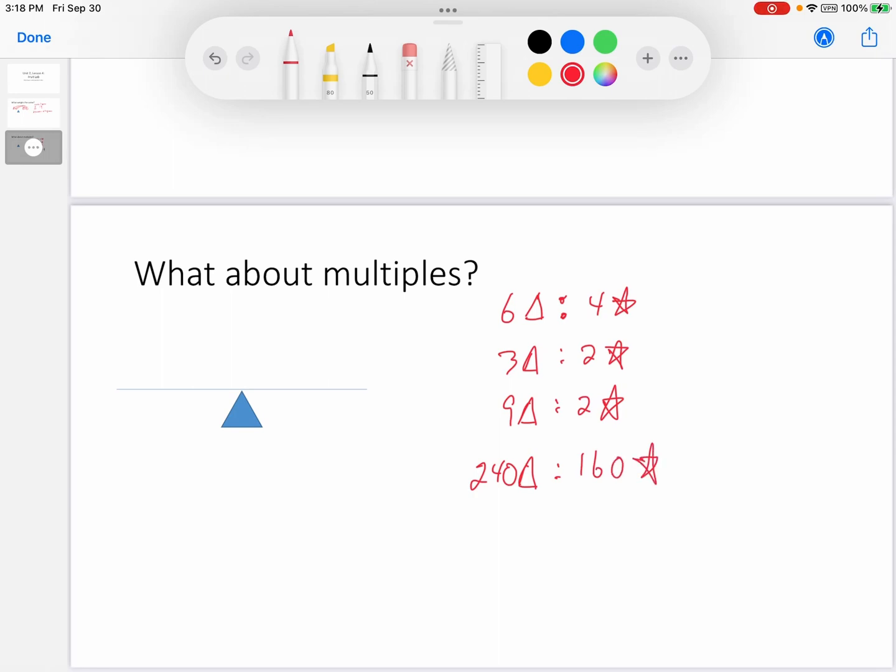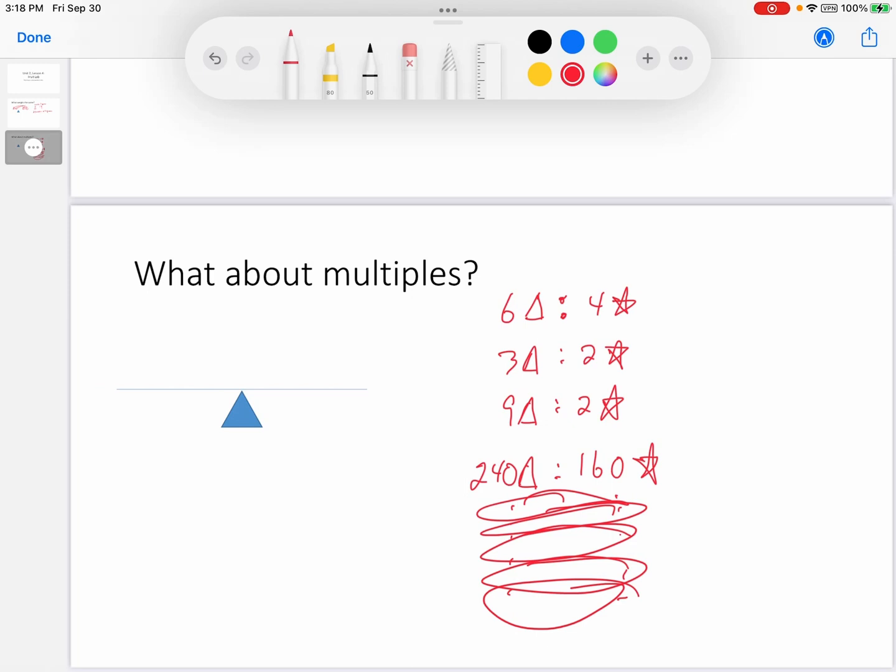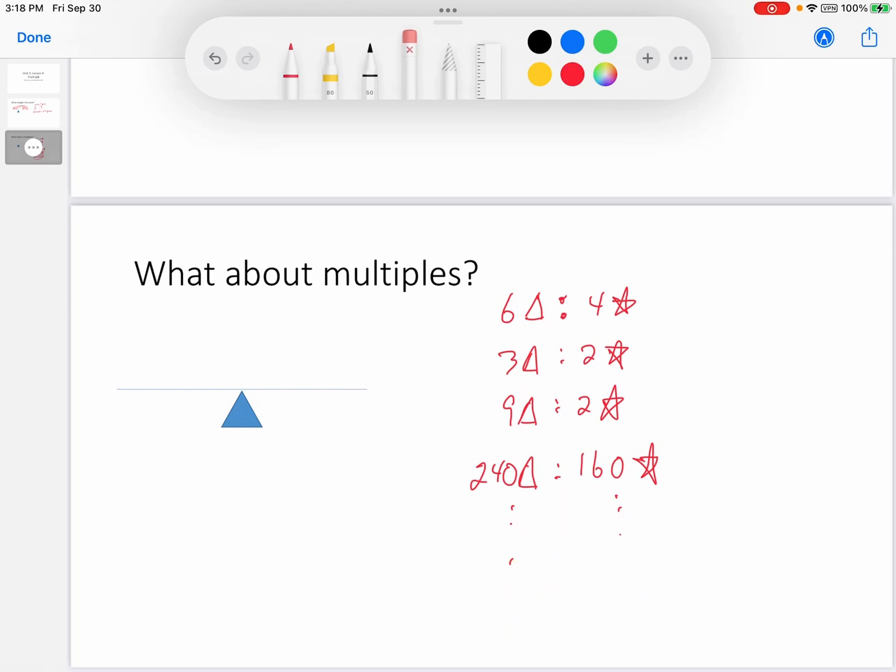Would they be equal amounts? Yes, because imagine this being split up into groups and this being split up into groups, and we'd have the same numbers of groups, and every group will be equal, so therefore the whole set of groups would be equal.